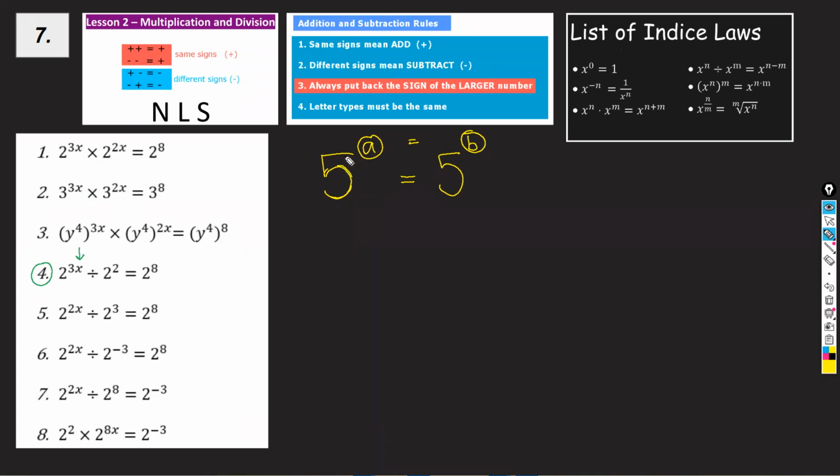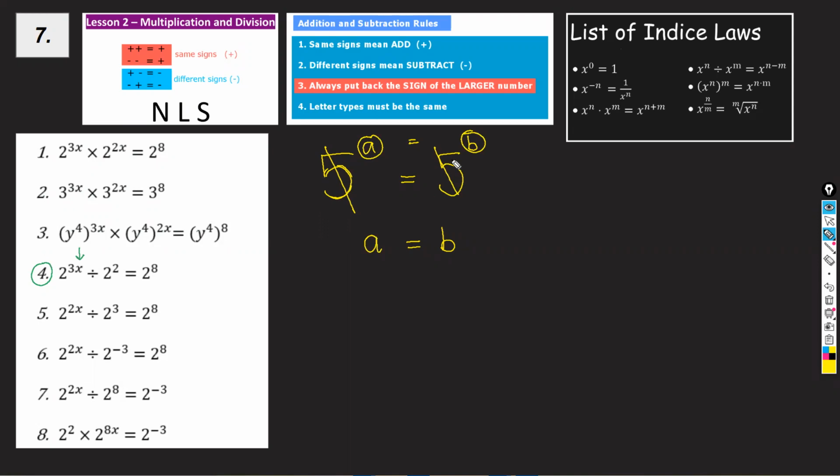But this only works if you have the same bases on both sides, right? So in a case like this, you can think of it like the 5s will cancel out each other and it will leave you with a is equal to b.